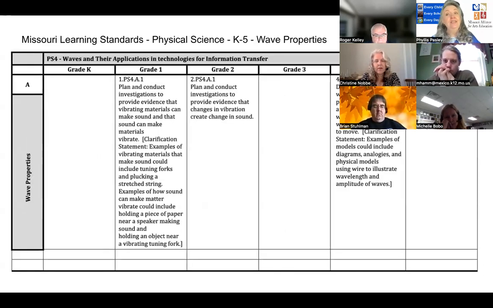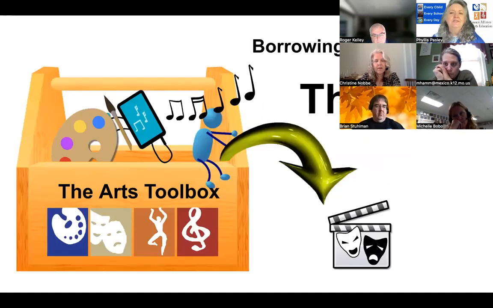And of course, you can't do shadow puppetry without acknowledging wave properties in science. You're dealing with light waves. You are dealing with sound waves if you are providing any sound, either vocal or a musical sound. And all of that will be an aid to your storytelling or something that a problem to be solved.